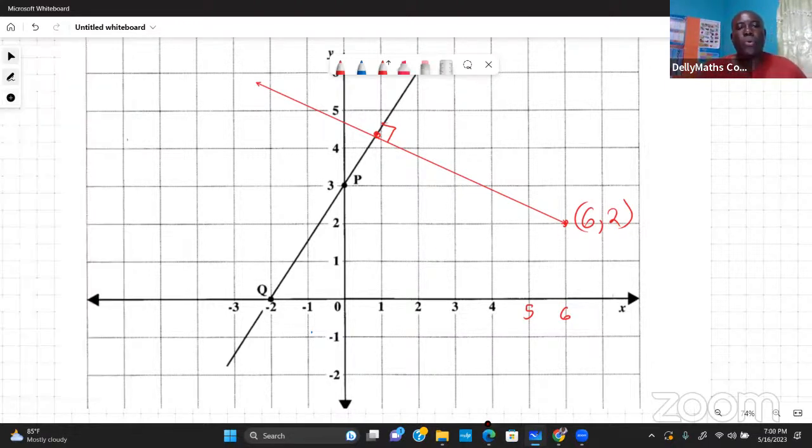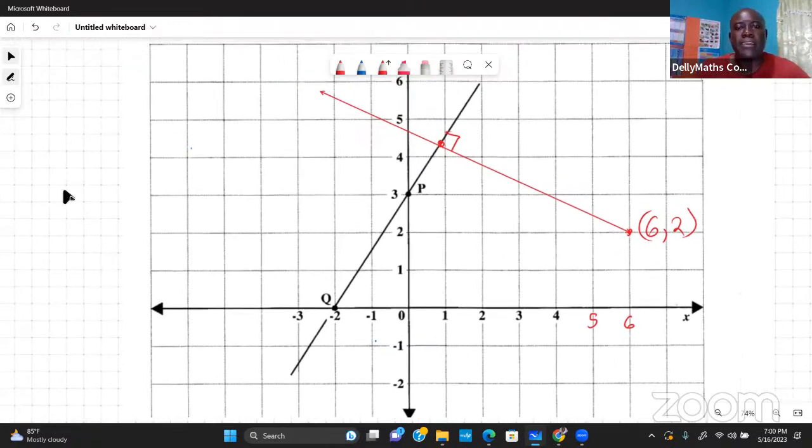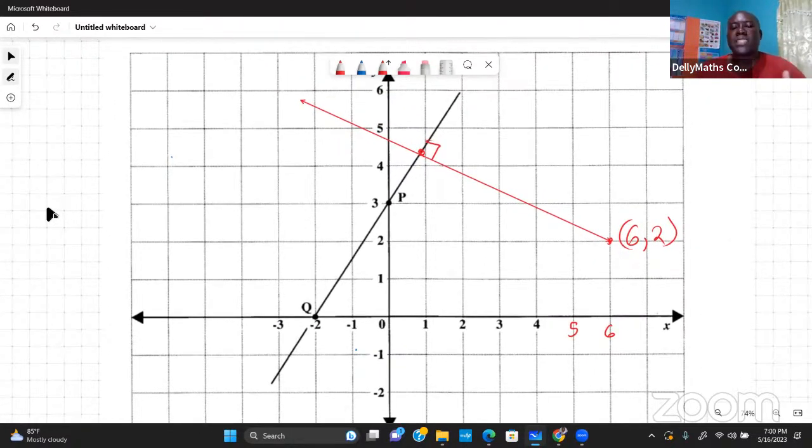No problem. One of the things about perpendicular lines, I'll probably just work it right here, right? The thing about perpendicular lines is that there is a specific relationship between their gradients. So I'm going to write PQ's gradient now. PQ's gradient, we found that to be 3/2.